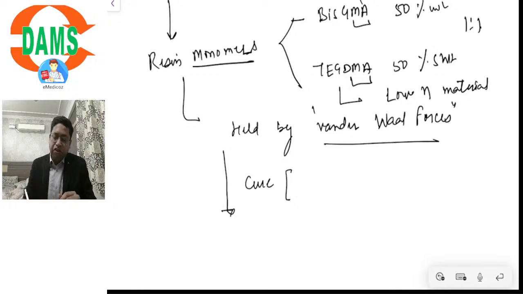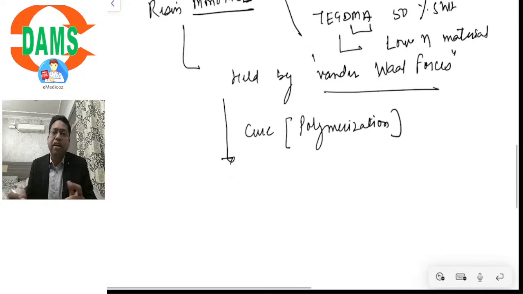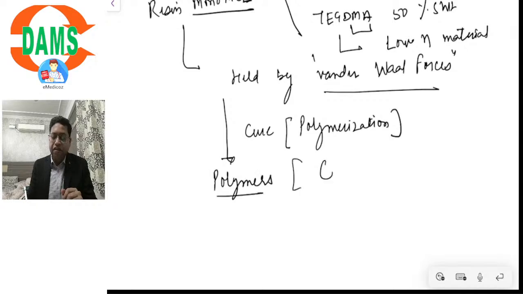Curing basically means that we polymerize them by any method like light, heat, or self curing by chemicals. This causes resin monomers to convert into resin polymers and the composite hardens, or sets.